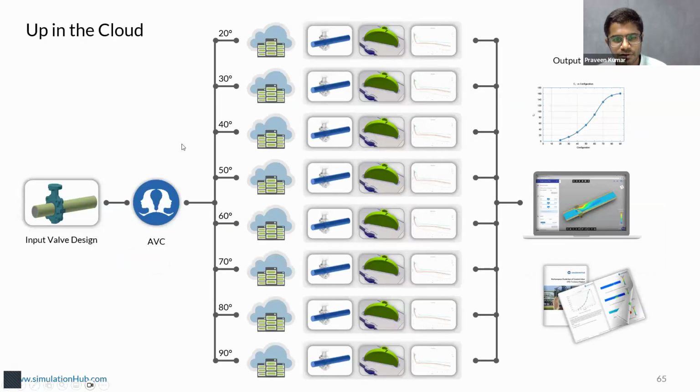This is not for one opening; it happens in parallel for all angles of opening, from fully closed to fully open. A dedicated machine is assigned, and the simulation doesn't go in a queue. It runs in parallel. So at the end of 1 to 1.5 hours, you will get the complete summary with the report and the complete curve. That's how it is possible.